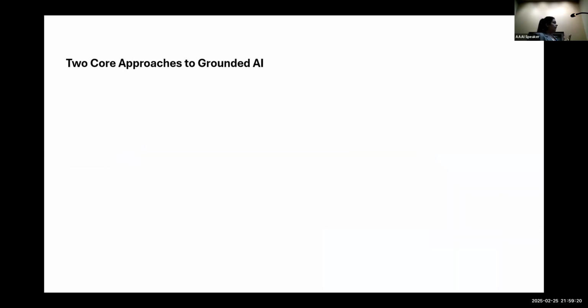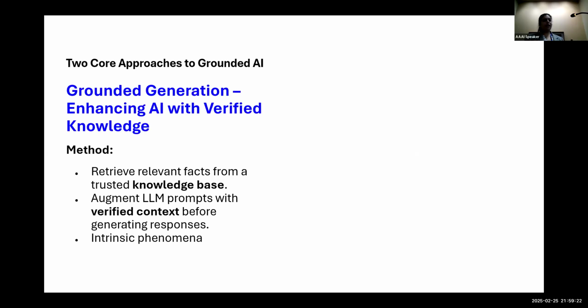So in the source attribution domain, we can define two approaches to ground AI. First is grounded generation, which is enhancing AI with verified knowledge, and the retrieved facts are from the proper knowledge base.